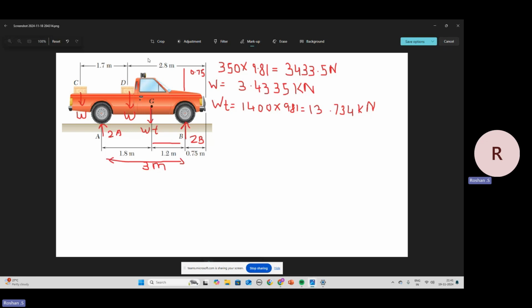That would be 2.05. So the distance between C carton and point B will be 2.05 plus 1.7, 3.75.